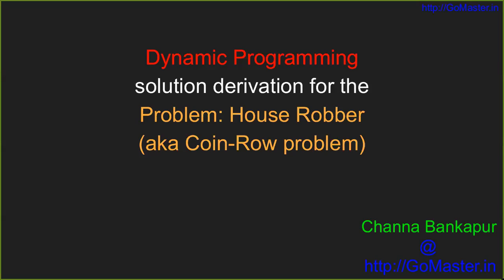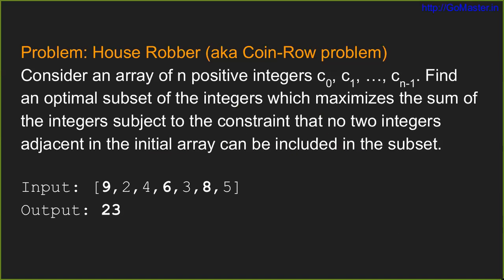So here is my solution to just the House Robber problem. It's also called the coin row problem because the amount stashed in every house can be considered as just a coin value. So it's just a row of coins, and we need to pick as many coins as possible, maximizing the amount with that constraint.